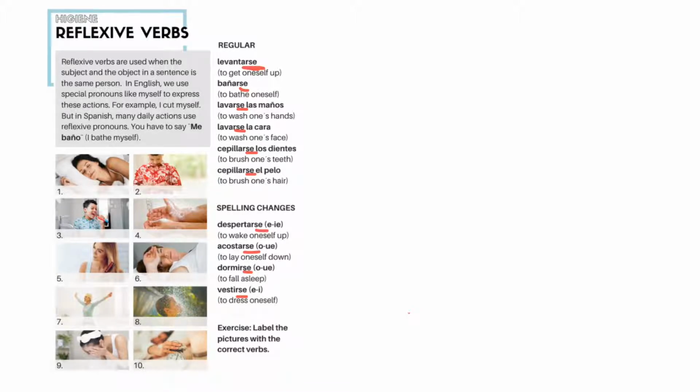Now, you probably recognize a couple of these verbs, and you're probably thinking, I've seen that verb before, but I didn't use it in this way. And you're absolutely right. A verb like lavar means to wash, because we do wash other things. We wash cars, we wash dishes. Anything you're cleaning with water is washing.